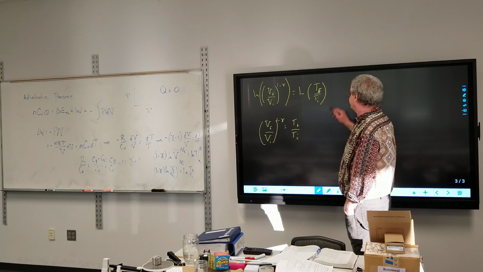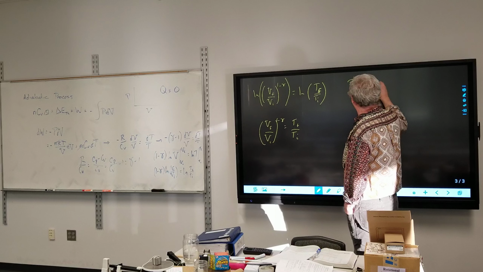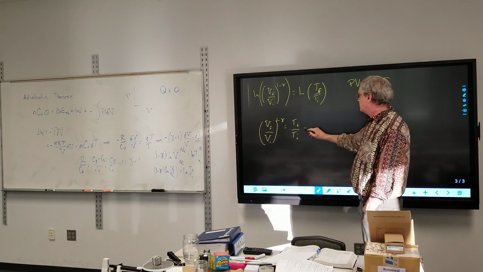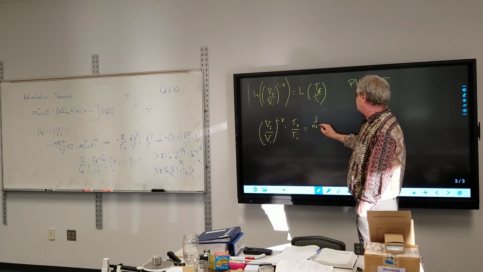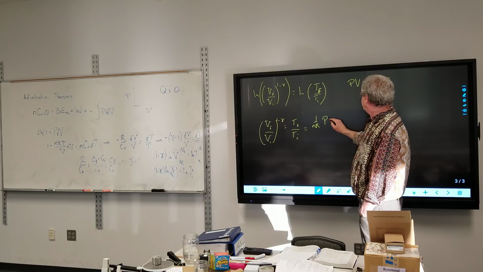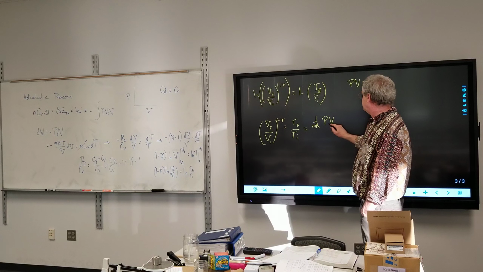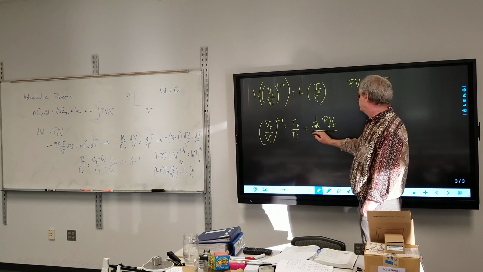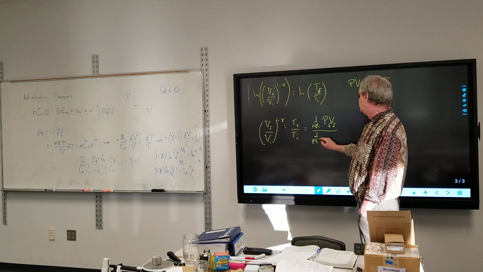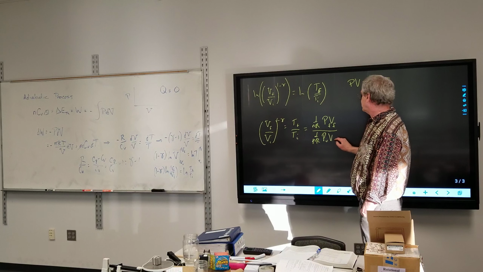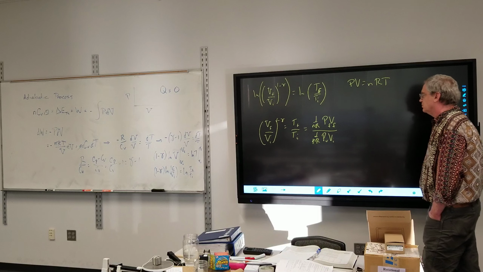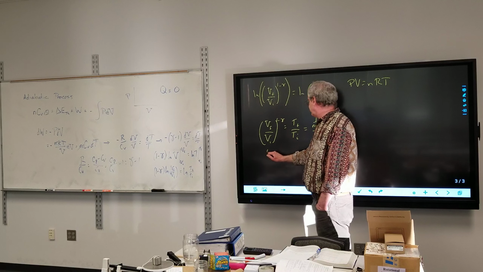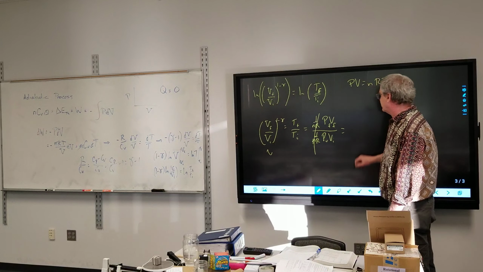Taking it one step further, again, assuming ideal gas and PV equals nRT. So temperature here is just some constant times PV. So 1 over nR times P final V final over 1 over nR times P initial V initial. The 1 over nR cancels out.